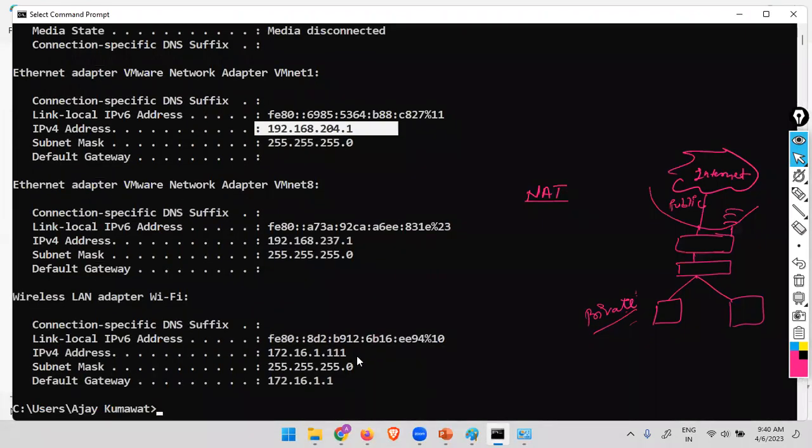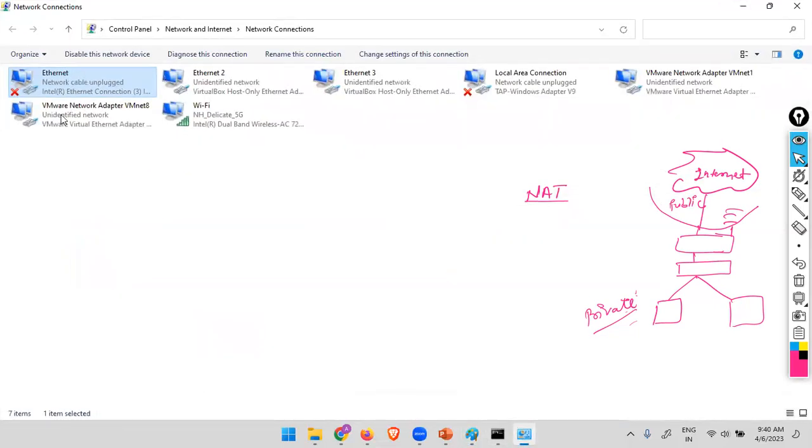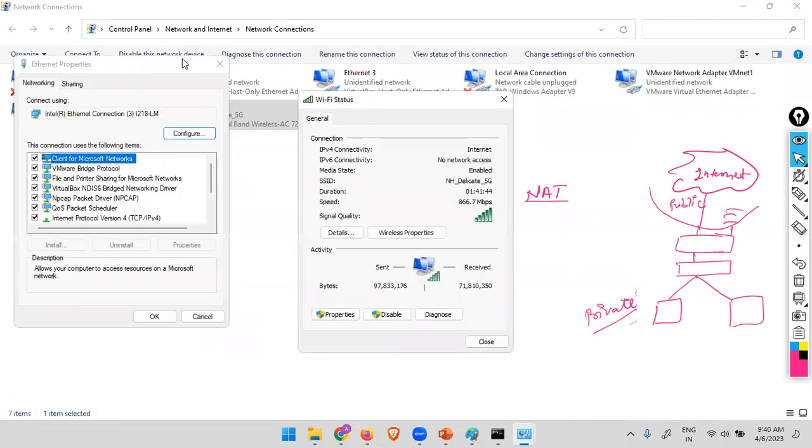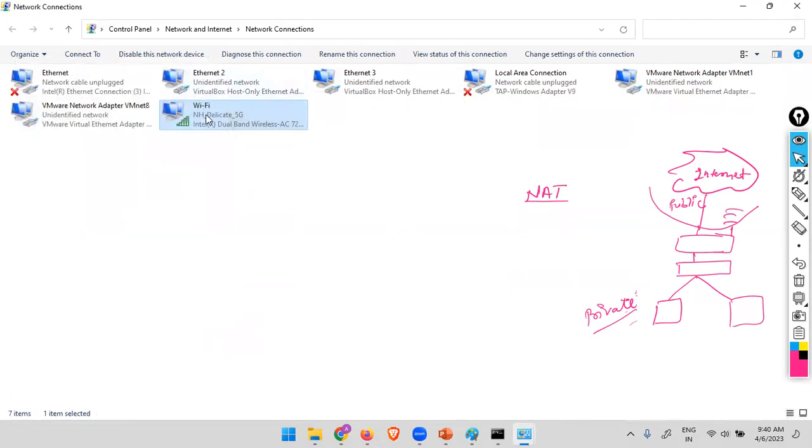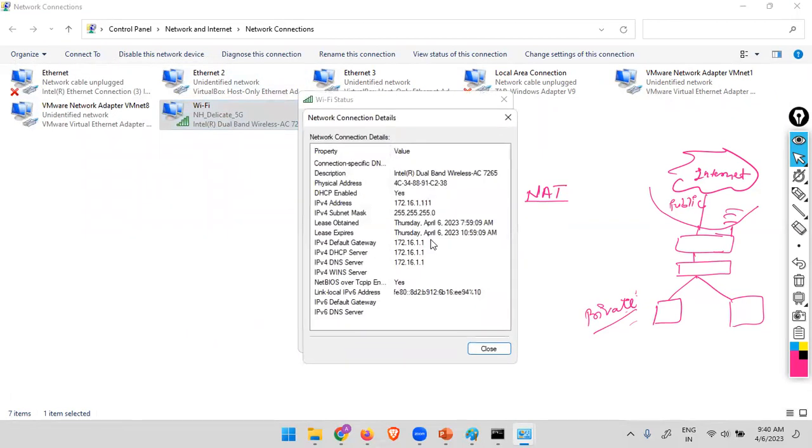Means you can assign multiple IPs, but still, if you see on my interface, let's say my Wi-Fi card, and if I show you all my IP addresses, how many IP addresses can you see? Only one. That is 172.16.1.1. Then where is the 106 IP?